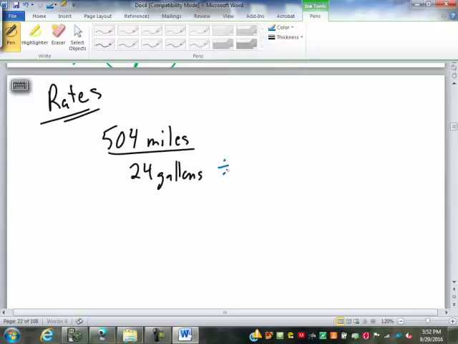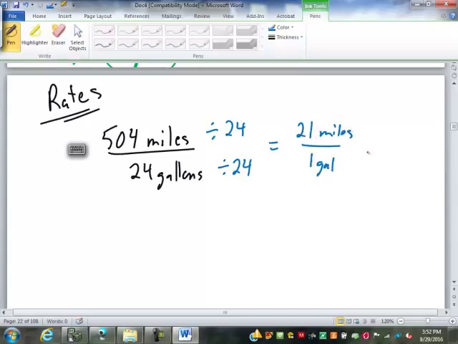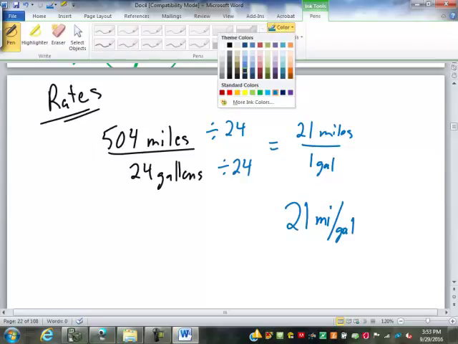Now, of course, we would reduce that by dividing by 24. What's that going to give us? 41 miles? No, 21 miles over 1 gallon. Or 21 miles per gallon, or mpg, however you want to list it. Does that make sense?